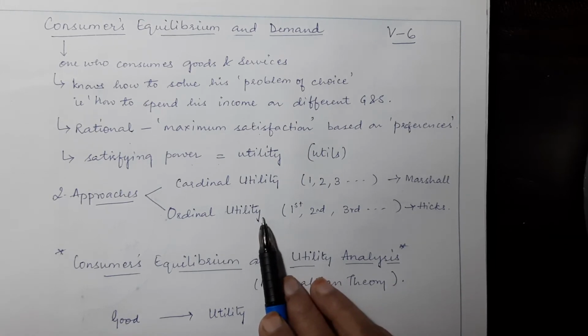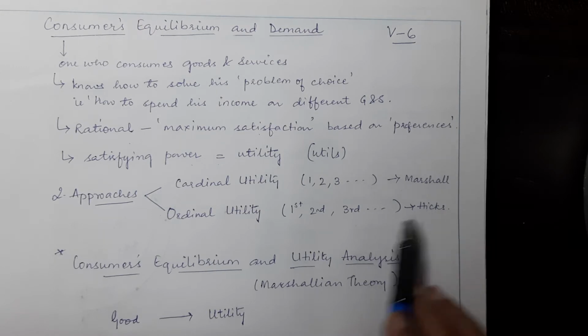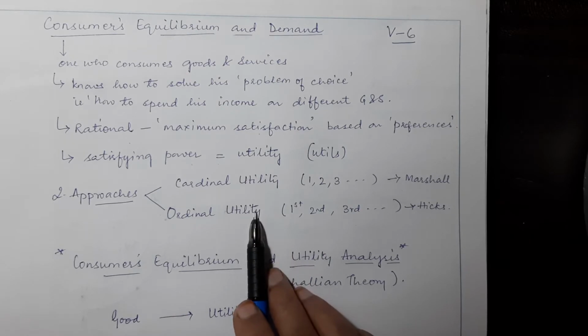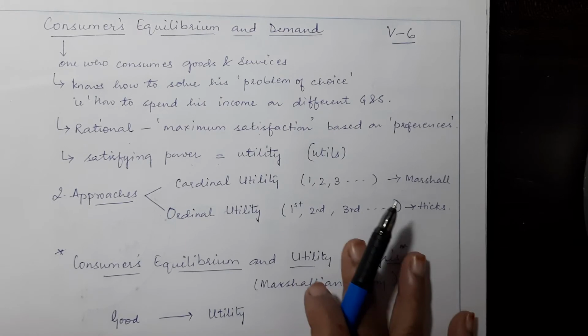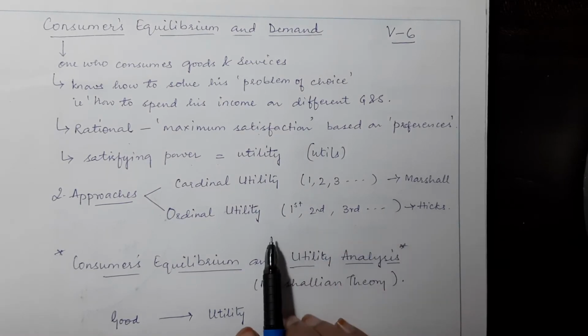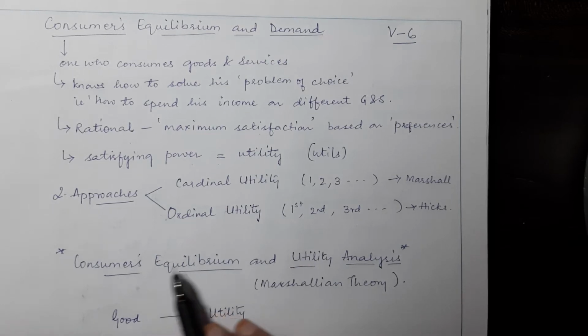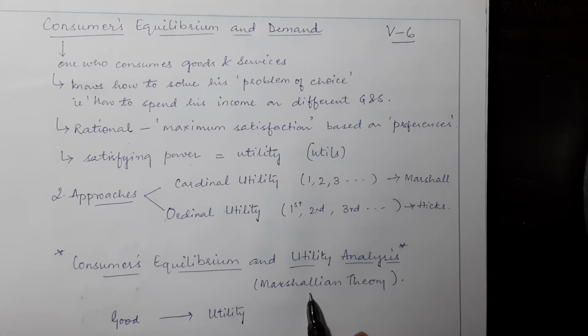So this theory is called Hicksian theory. Now we are going to learn both cardinal and ordinal utility in class 11, but in this particular chapter we are going to deal with the cardinal utility approach. So consumers' equilibrium and utility analysis, otherwise called the Marshallian theory.